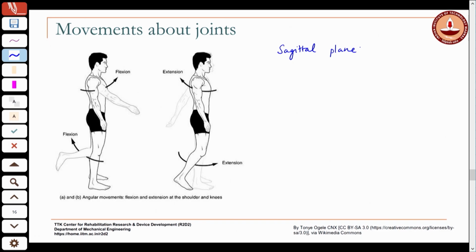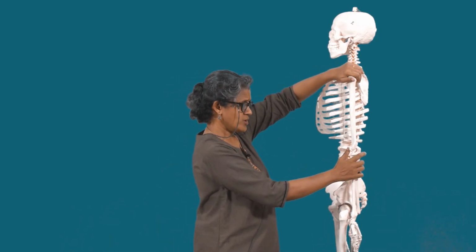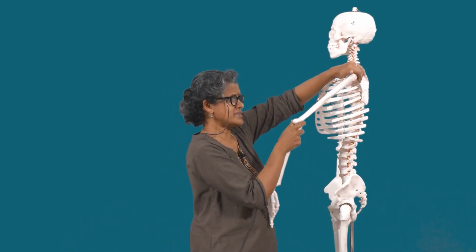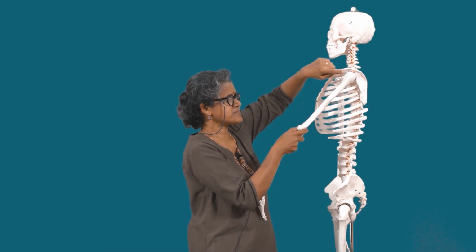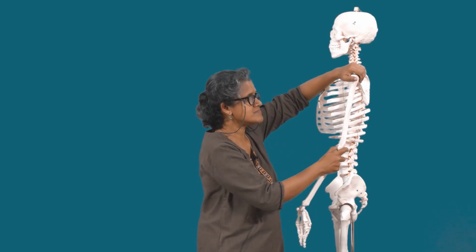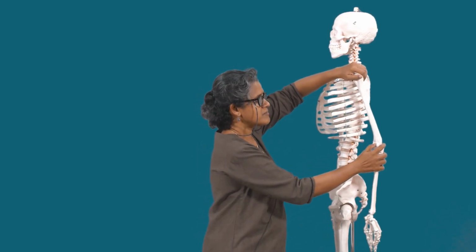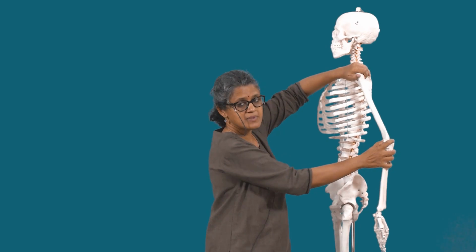Flexion is the movement that brings the arm closer. If you take the shoulder, moving the arm in this direction is shoulder flexion, and bringing it back to the anatomical position and maybe taking it beyond, that movement is called extension.